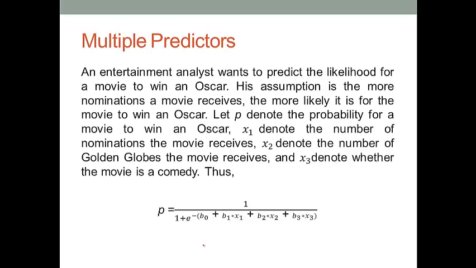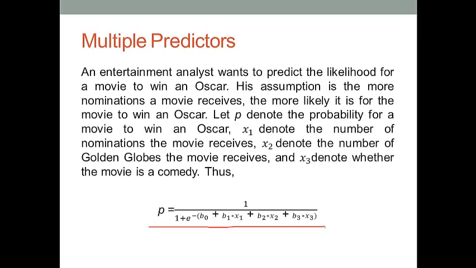He uses x sub 1 to represent the number of nominations the movie receives, x sub 2 to represent the number of Golden Globes the movie receives, and x sub 3 to represent if the movie is a comedy or not. According to what we just discussed, we must use the equation as you can see on this slide to calculate the probability for a movie to win an Oscar.